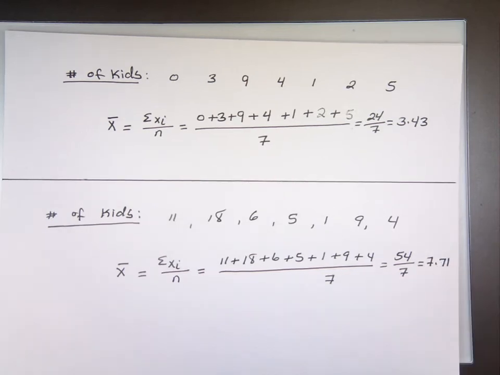We can say the average family in Springfield has 7.71 kids. So you can see it's very sensitive to the sample. Sometimes all you need is one person with really a high number to inflate everyone's numbers. So it's sensitive to data. That's advantage, disadvantage, depends how you look at it.